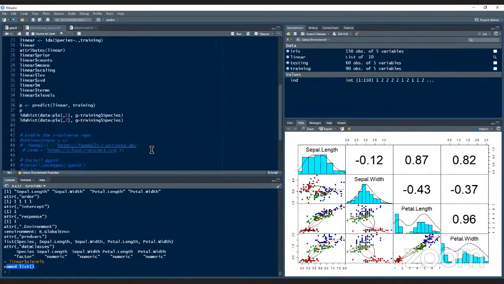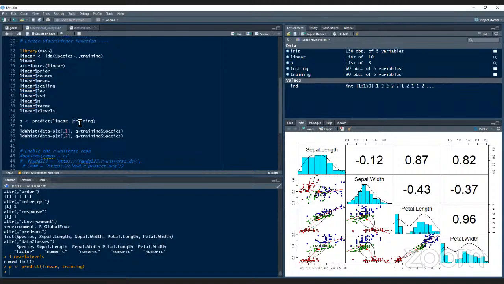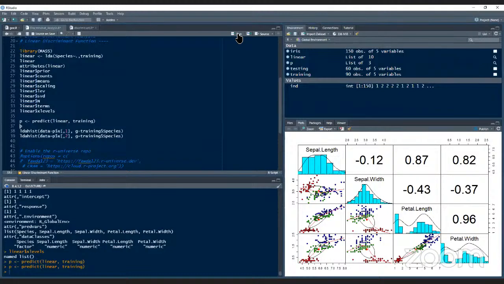Now let us see how accurate our model is. Here we have given the function predict, using this discriminant function and the training data, and let us see what this is.